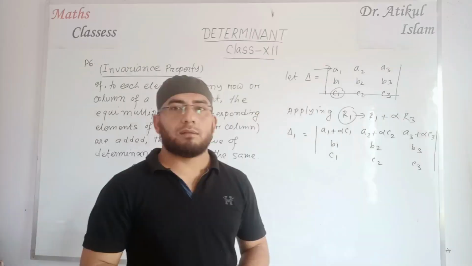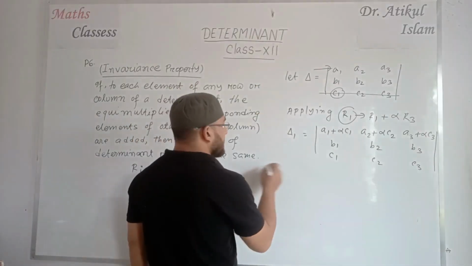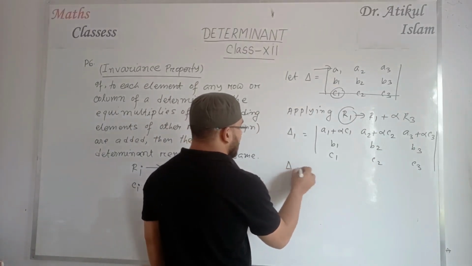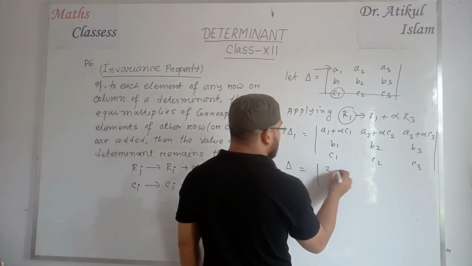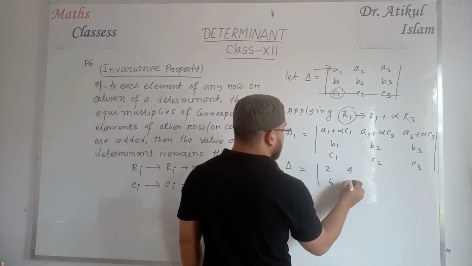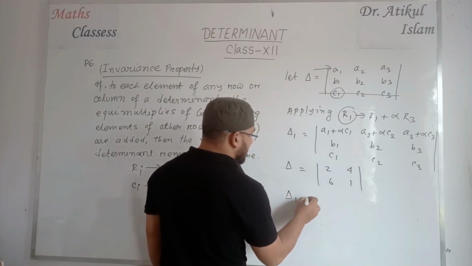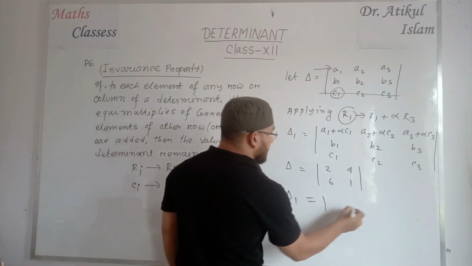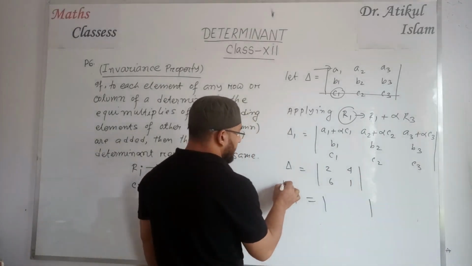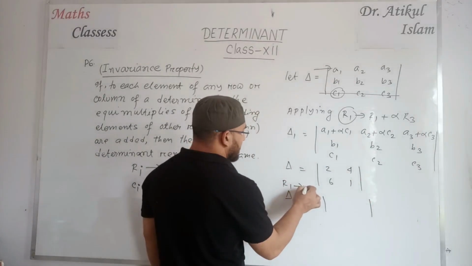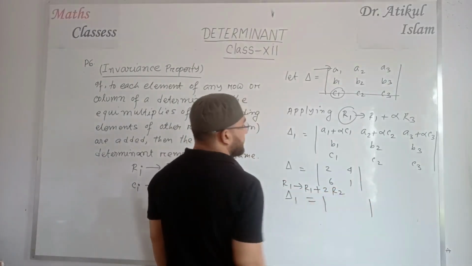Now let us take another example. Say you have delta equal to 2, 4, 6, 1, and another determinant delta 1 by applying R1 implies R1 plus 2 into R2.